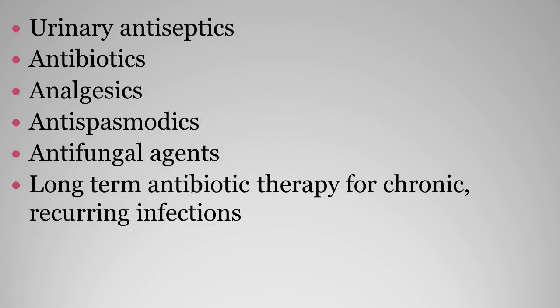So these are some of the treatments, and obviously depending on what the culture and sensitivity shows, we'll definitely treat the infection with the proper antibiotic to rid that patient of that particular organism.